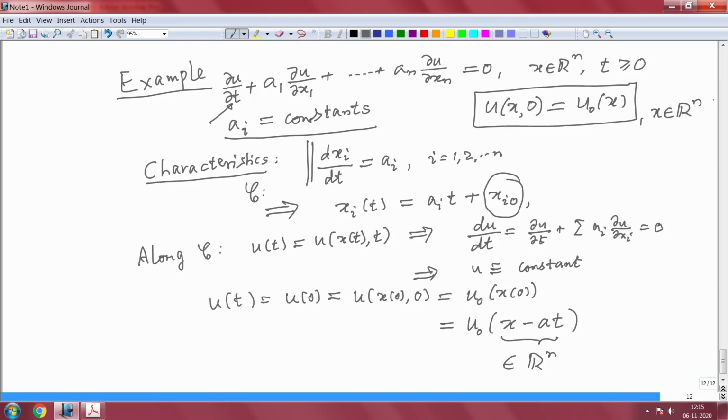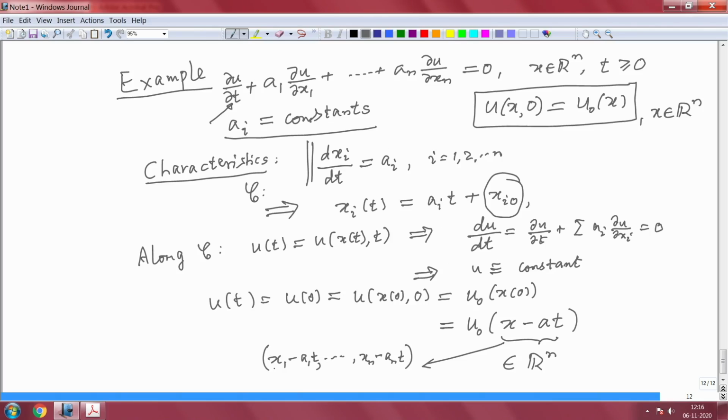Okay. So, what this equation describes is just transportation. So, whatever initial profile is transported in time in different directions. So, if you expand this whole thing, there are n components, x 1 minus a 1 t, comma, up to x n minus a n t.